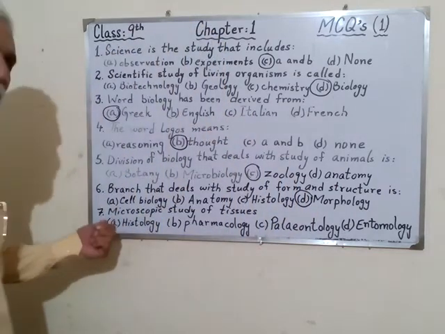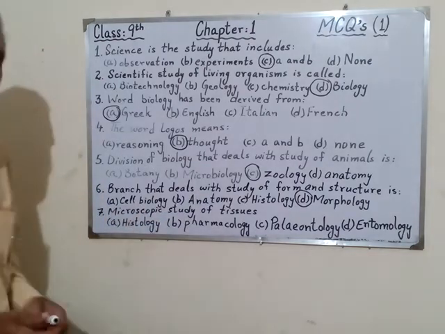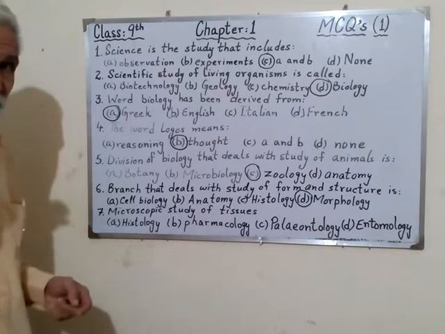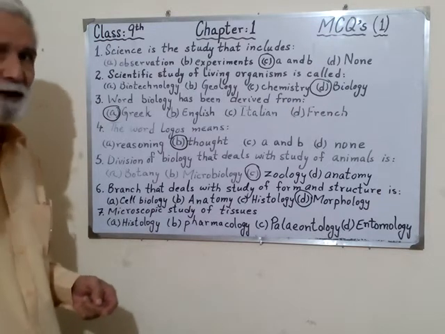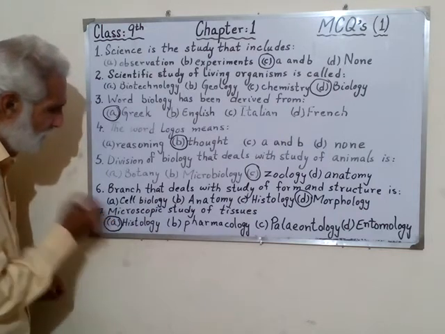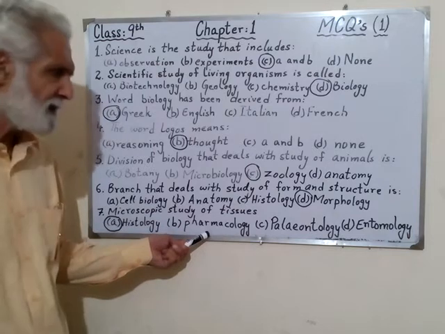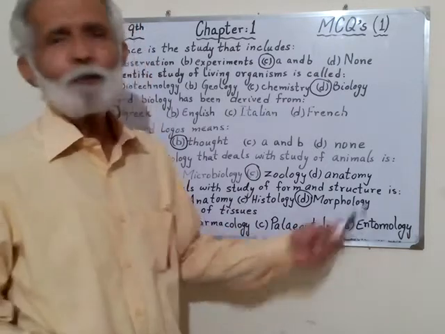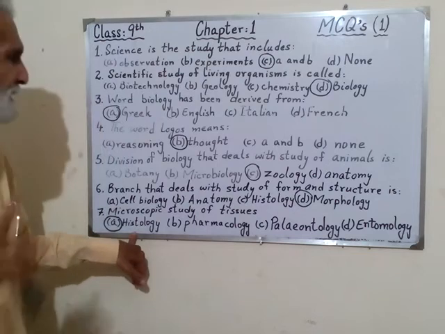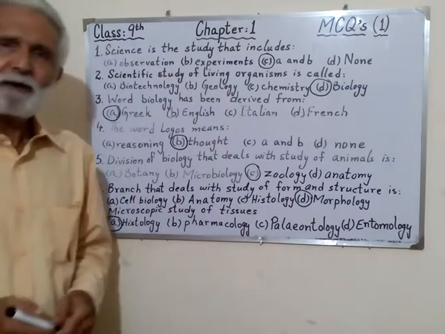Then the last one, 7th, microscopic study of tissues. When we say tissues, we remember the definition we have done, histology. So histology is the study of tissues. Pharmacology, paleontology and entomology are something else. Histology, we know the definition, is the microscopic study of tissues.